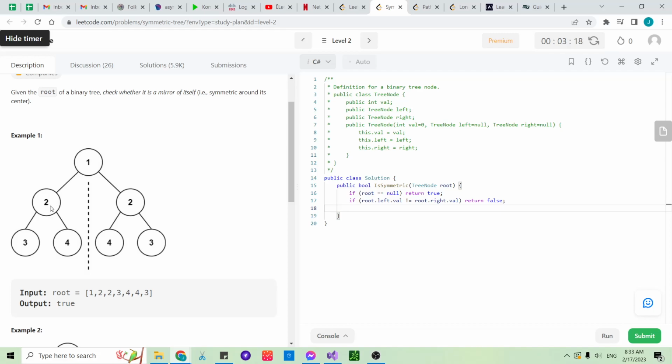Okay, then we want to go recursively into all the children of these and these.